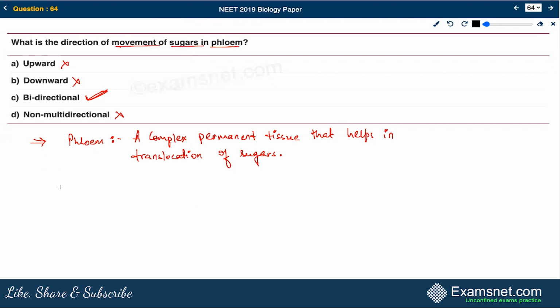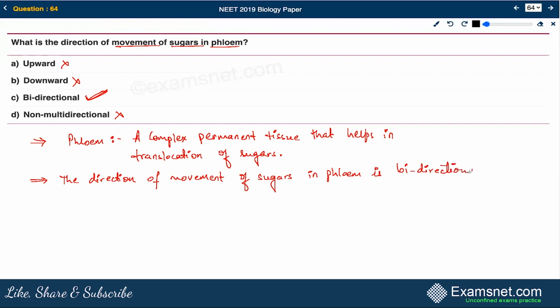So you can say that the direction of movement of sugars in phloem is bidirectional. Why?